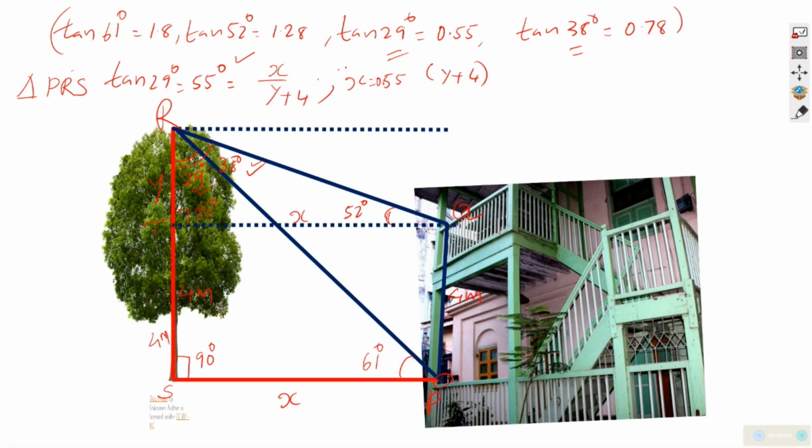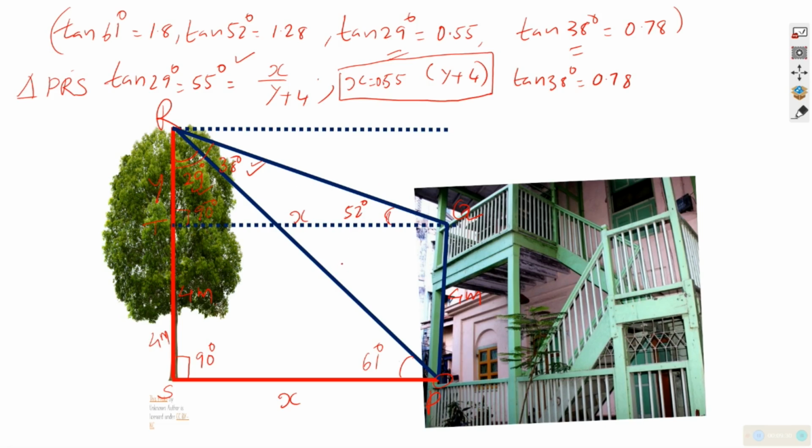Okay, let this be equation 1 for us. We got one equation for x. Can we make one more equation for x? We can do it like the last sum. Let us try tan 38 degree, which is equal to 0.78. This is the 38 degree, and this is the opposite side, and this is the adjacent side.